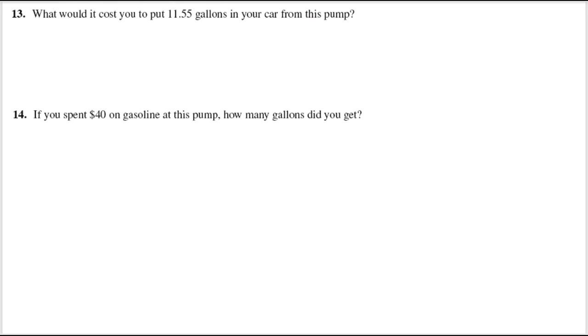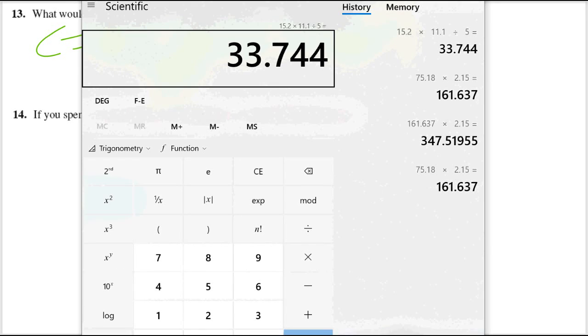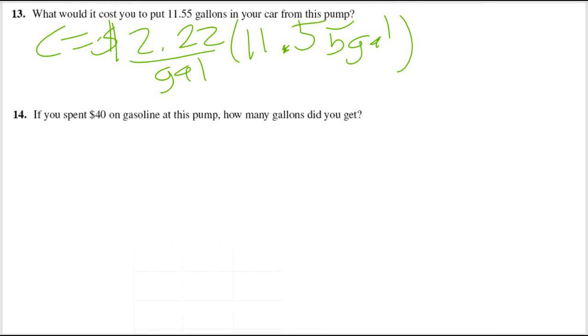Question 13, what would it cost you to put 11.55 gallons in your car from this pump? Okay. $25.64.